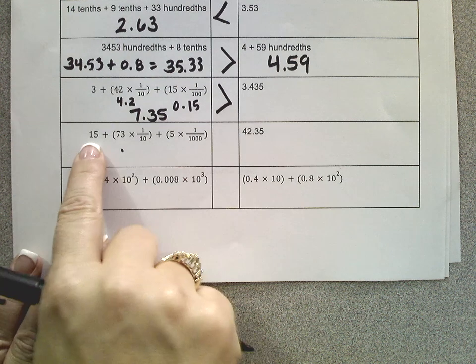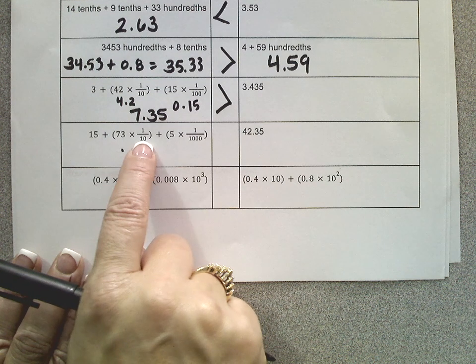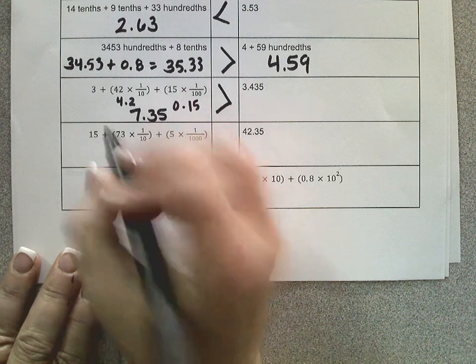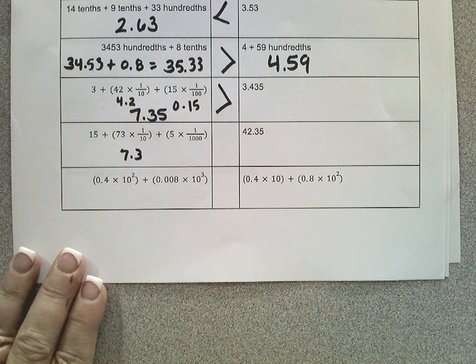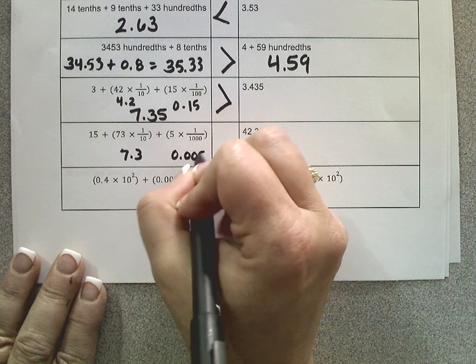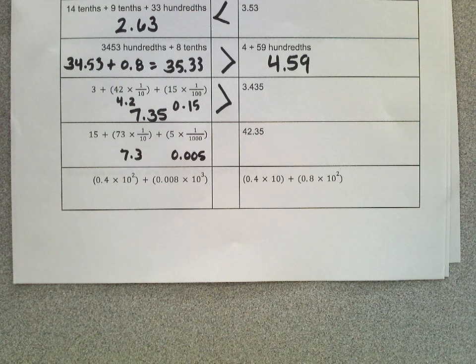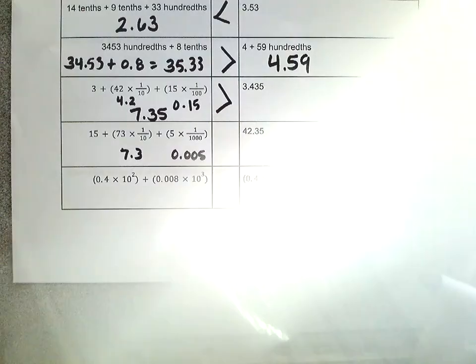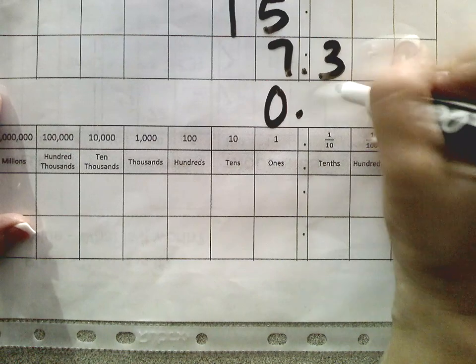We got 15 plus 73 tenths. Well, we know 73 can't go in the tenths place. So already I remember I've got to move it over. It's going to be 7 and 3 tenths. And we have 5 times a thousandth. So that's going to look like 5 thousandths. Now we can add those three numbers together. We got 15 plus 7 and 3 tenths plus 5 thousandths.